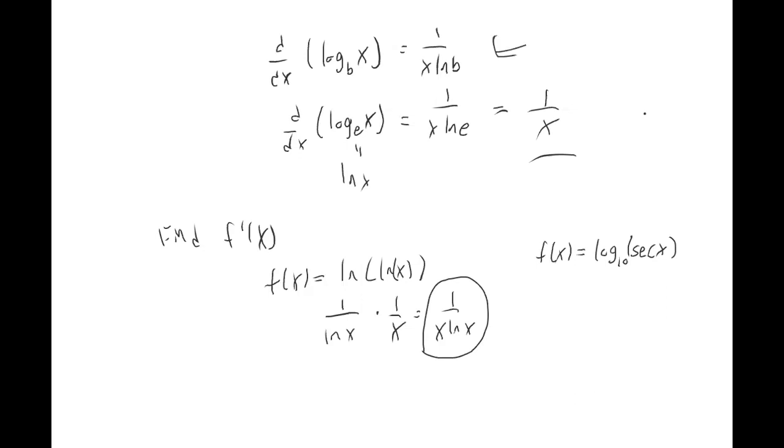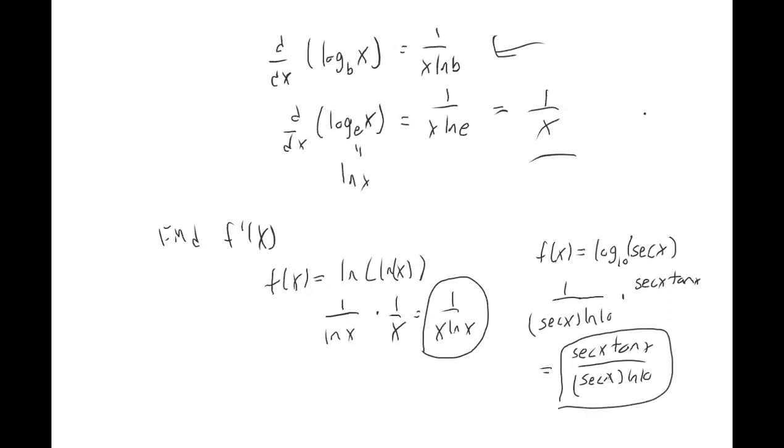We follow this rule: 1 over the inner, secant x, times the natural log of 10, times the derivative of secant, which is secant tangent. So this is your answer. Everyone good? Pretty simple, just more rules you have to remember.